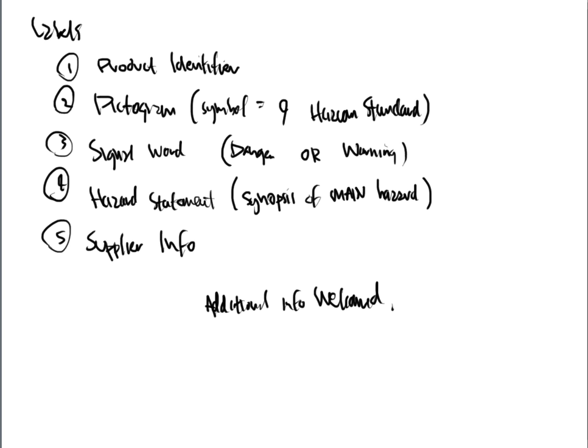So in the previous video, we talked about labels, and we discussed a little bit about what goes onto a label, or at least what should go onto a label for someone like you when you get ready to use that chemical, to look at it and become familiar with some of the hazards associated with that compound.